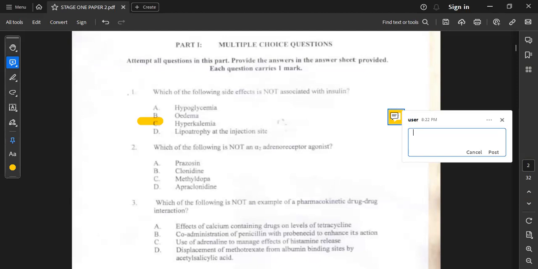Okay, I'll share on the group. Till then we can just start with what you are saying.